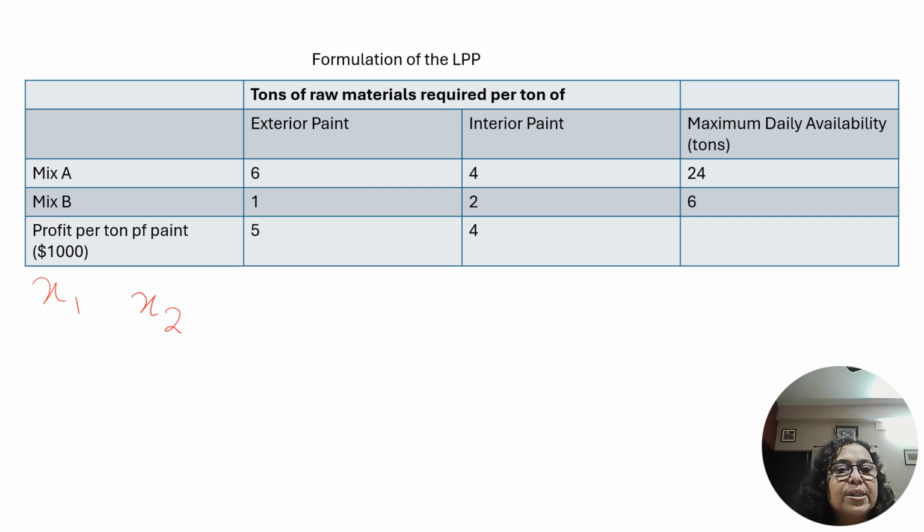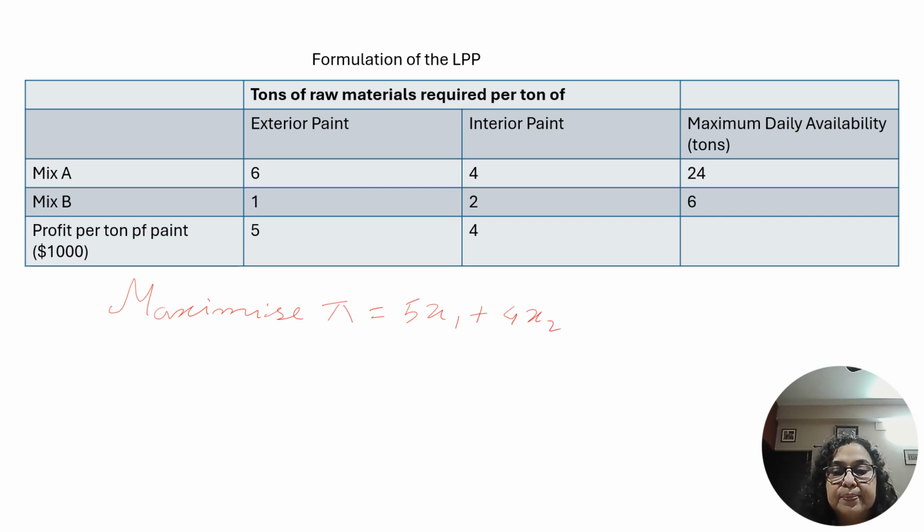So these are the two quantities. And so my problem here will be, if I take these two variables, I can write the problem as maximize. So this is maximizing profit. So let me write it as y is equal to 5x1 plus 4x2.